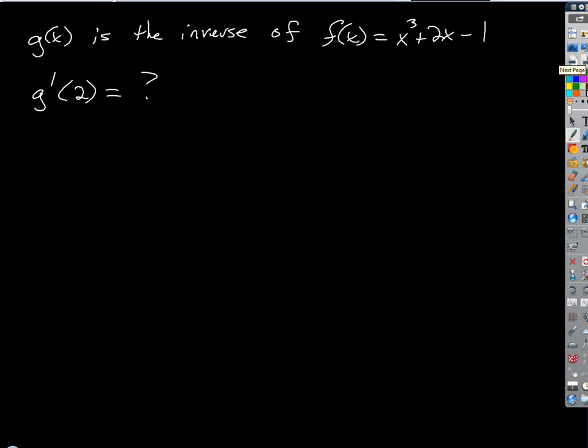Because g of x and f of x are inverses, I don't really want to calculate the inverse of f of x. That's kind of hard to do, if I flip x and y and solve for y.